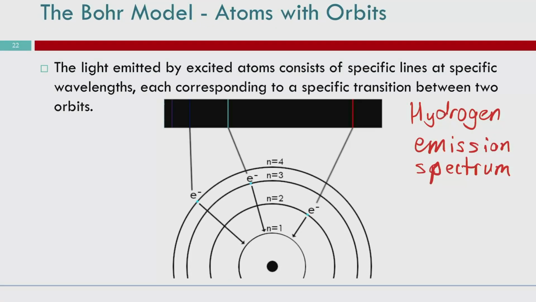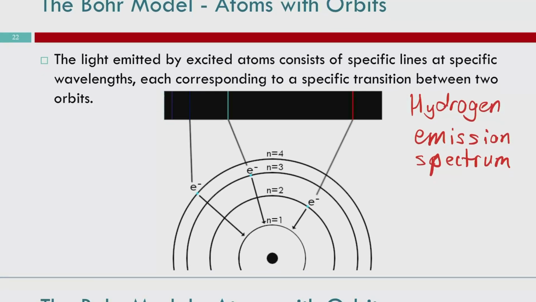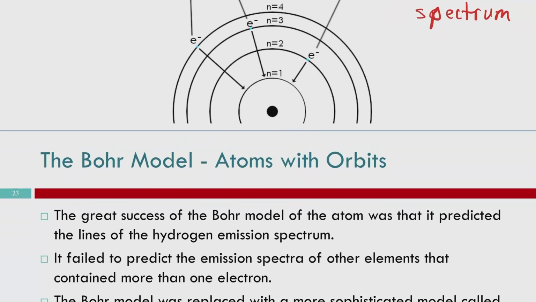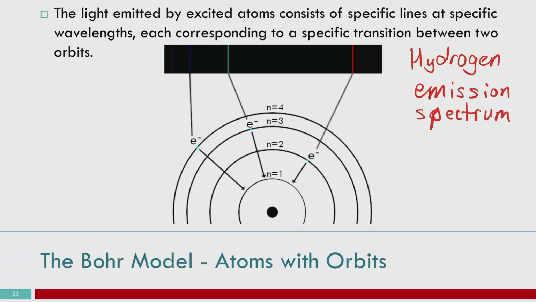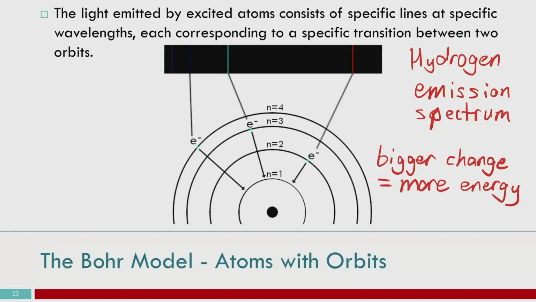And the same thing holds true for the other colors that we see there. It also takes more energy to get the electron up into that n=3 level. So bigger change equals more energy.